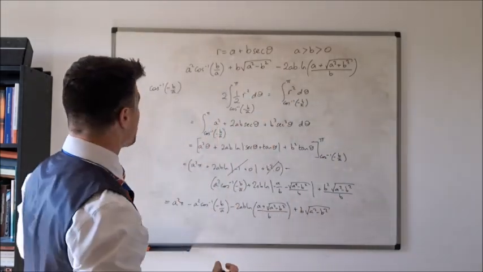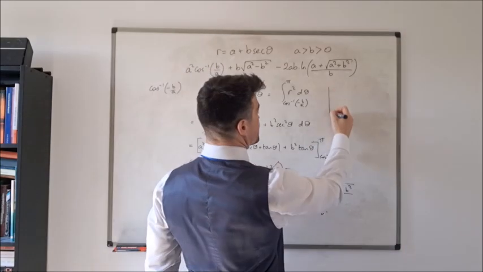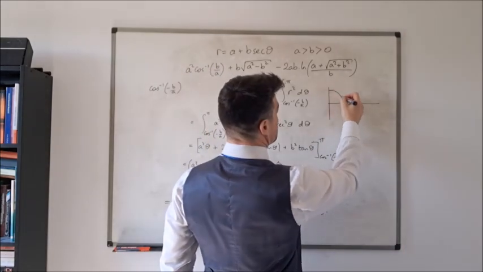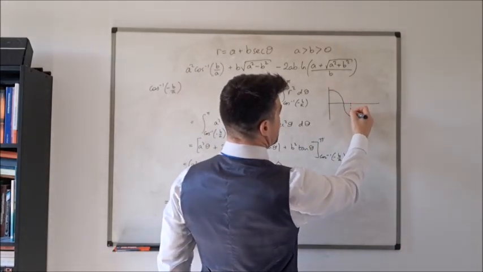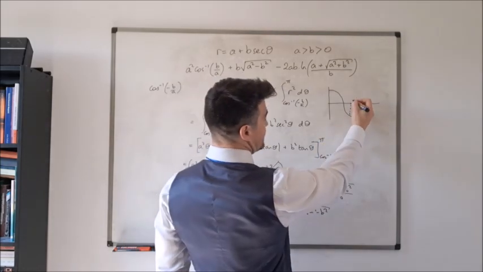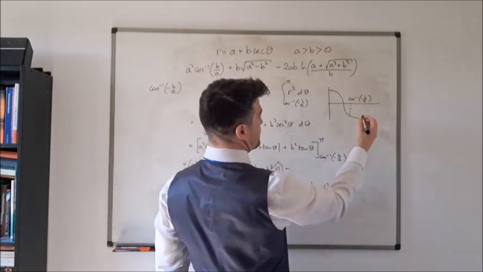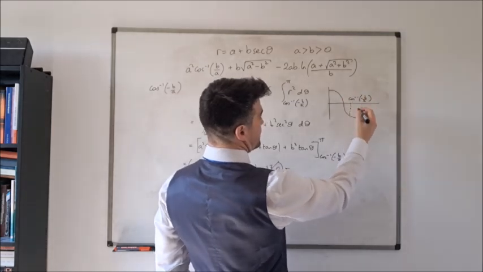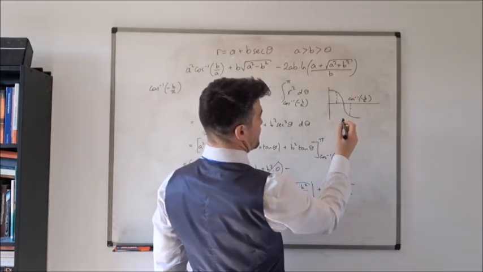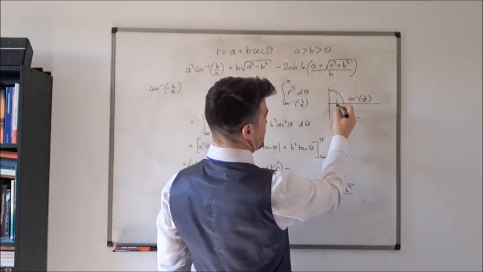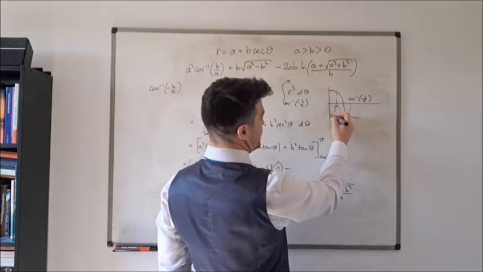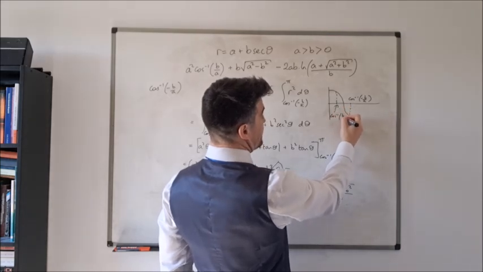Because if I think about the graph of cos, the solution that I'm interested in is here, which is inverse cos minus b over a. Well, this is just going to be kind of the negative of this solution here, this value, which is going to be inverse cos of b over a.